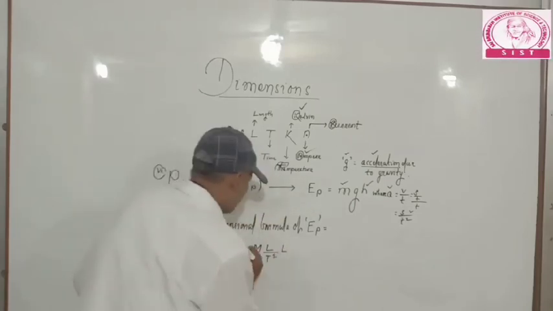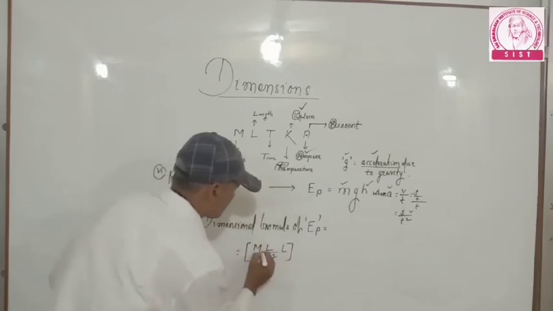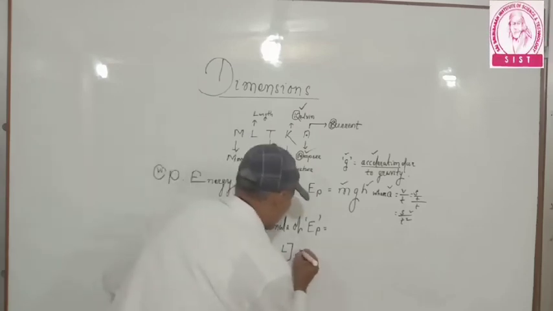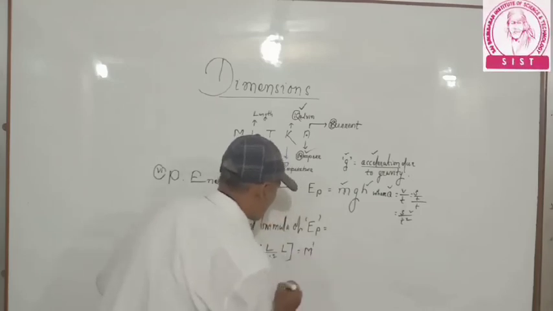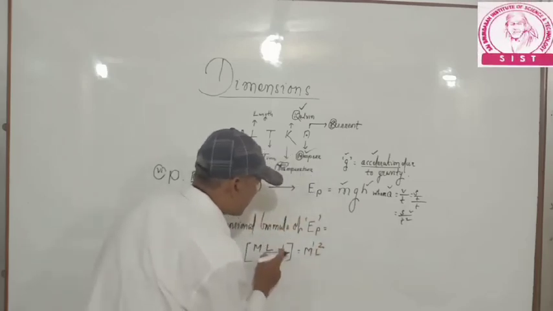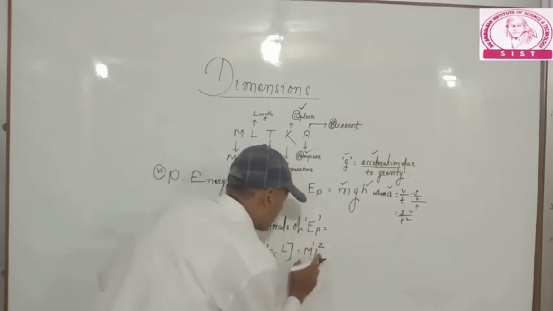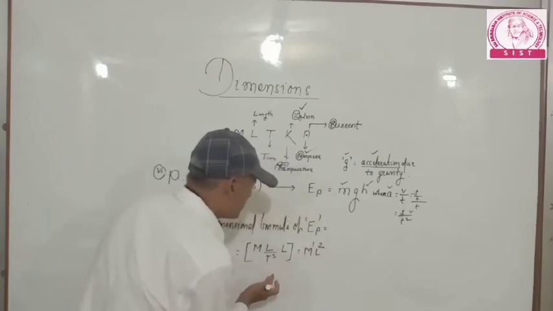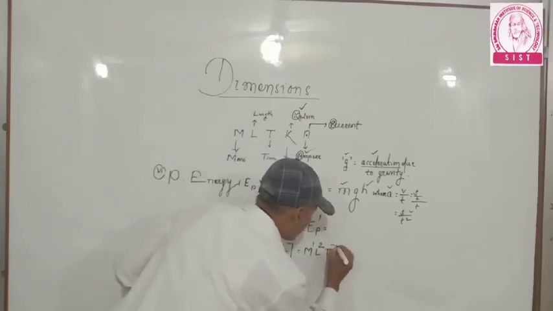So now finally we get M to the power 1, L to the power 2, here L into L, it is L square, L to the power 2, and it is T to the power 2, but it is in the denominator, so you have to take it up, and you can write it as T to the power minus 2.